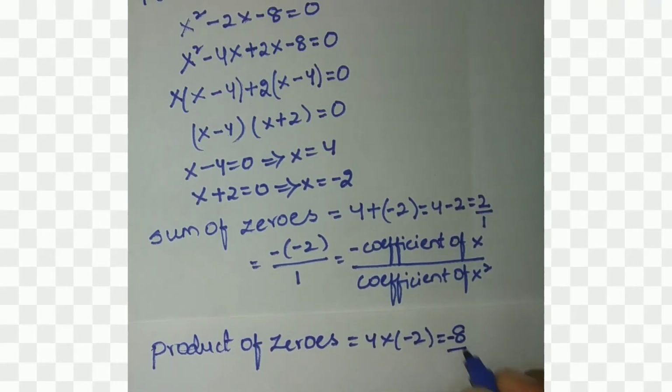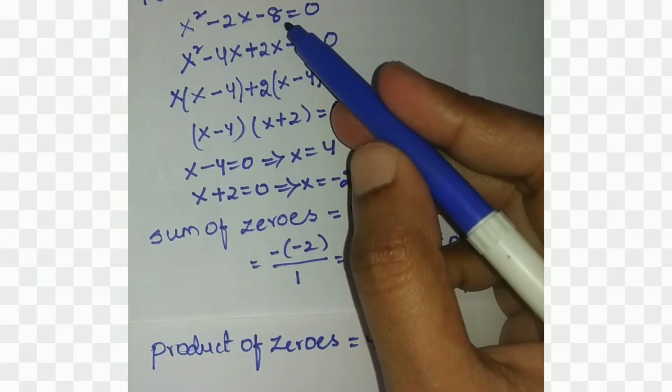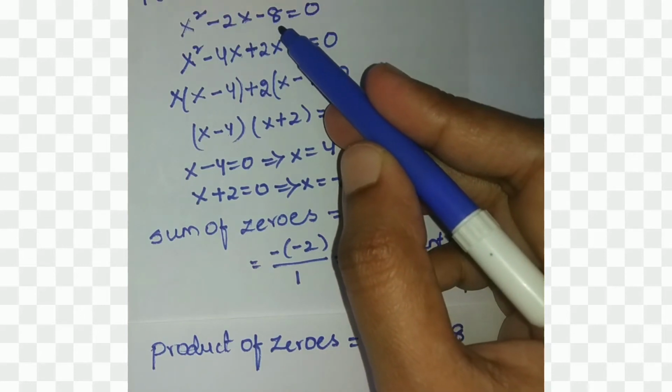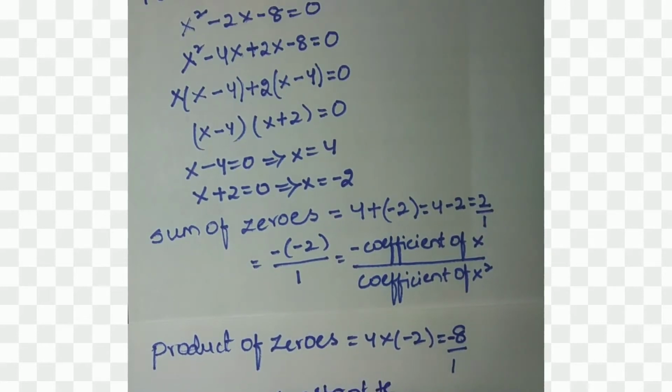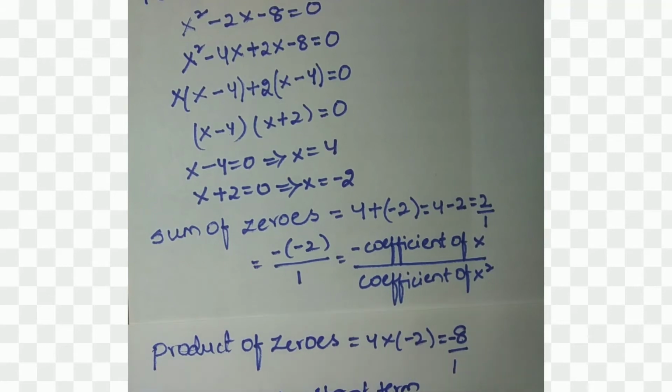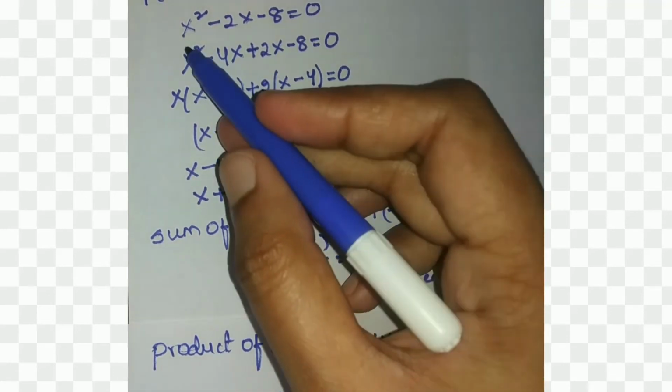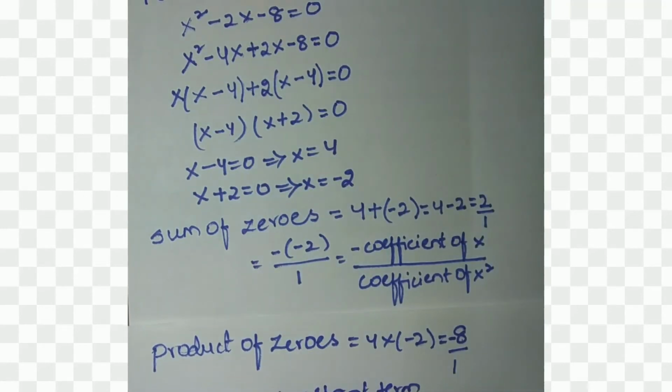Minus 8 by 1. Minus 8 is nothing but the constant term. As you can see in this polynomial, minus 8 is nothing but the constant term. Constant term by 1 is nothing but the coefficient of x square, right?